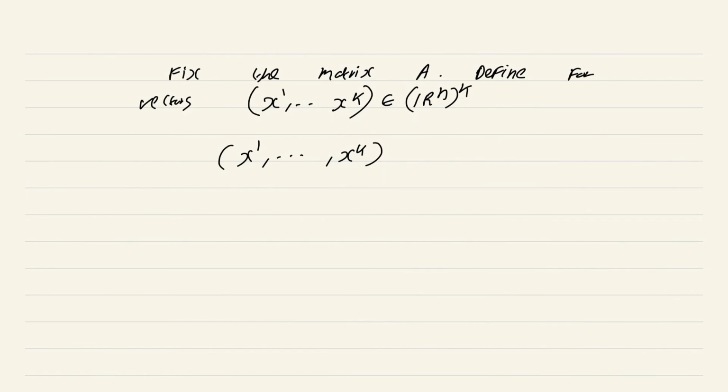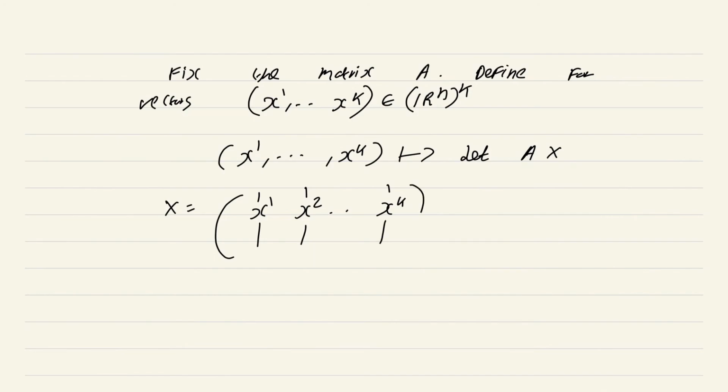So if you have an ordered k tuple of vectors in Rn, take it to determinant of AX, where X is just x1 in the first column, x2 in the second column, dot dot dot, xk in the last column.